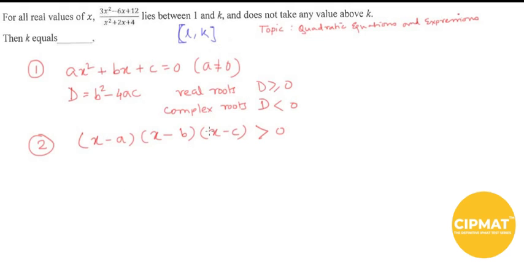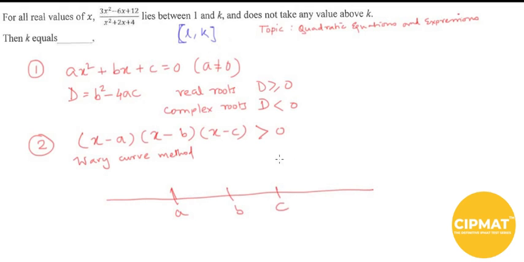To find that out, we use something that is called the wavy curve method. So according to the wavy curve method, what we do is we draw a line and we find out the roots. Clearly the roots are a, b and c. Let's say these roots are in order, that is a is less than b and b is less than c.